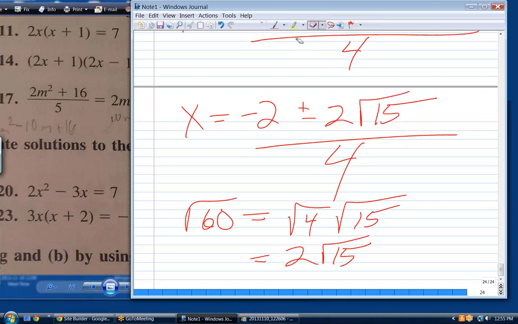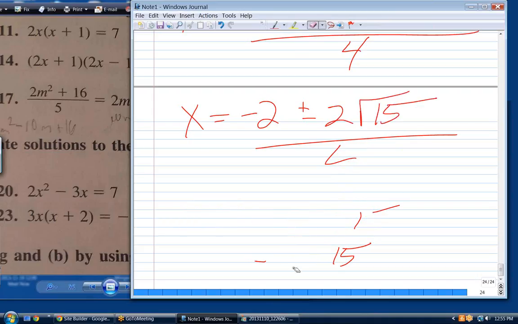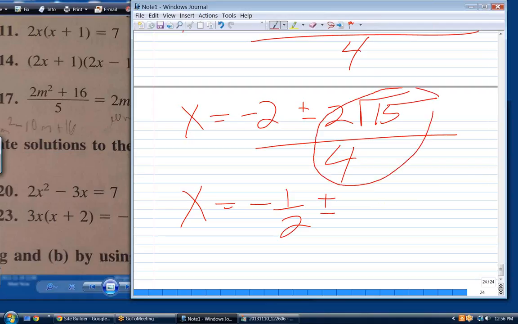And now what's the final answer? In A plus Bi format. Yeah, it's x equals negative 1/2 plus 2 root 15 over 4. And then, would you simplify that 2 and 4?